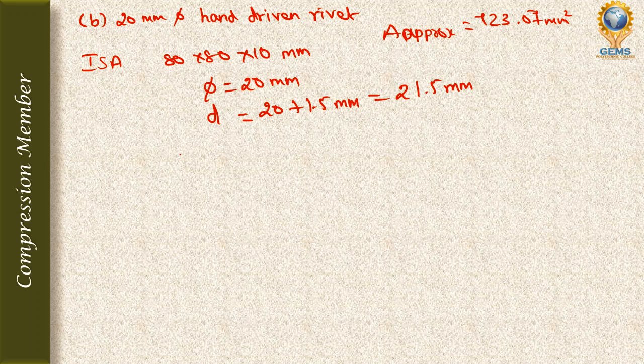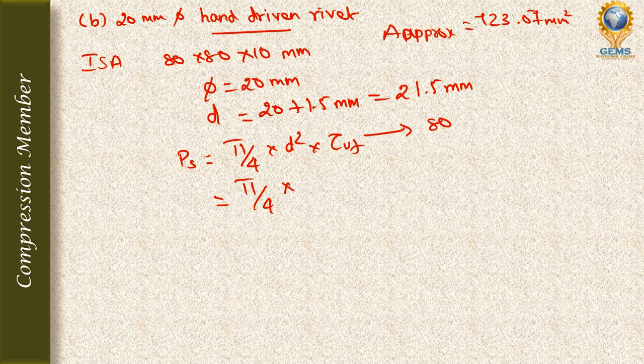Then we have to find the shear strength of the rivet in single shear, pi by 4 d square into tau Vf. Here tau Vf is 80, as it is a hand driven rivet.